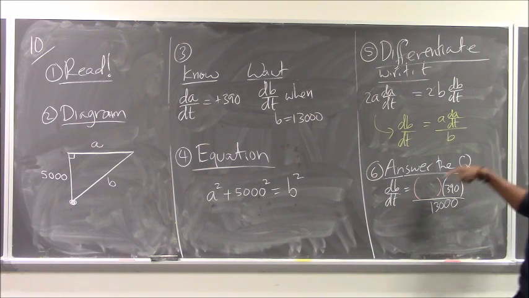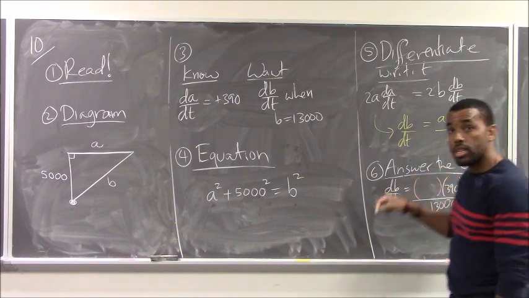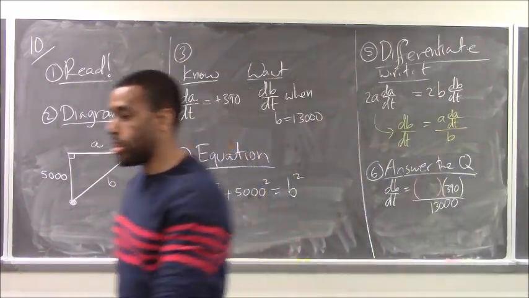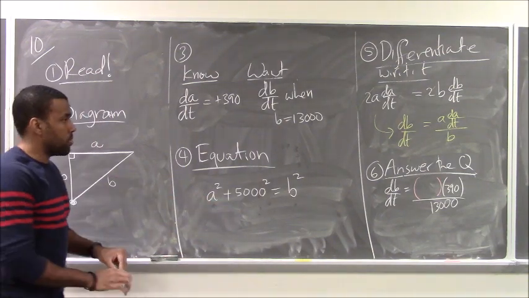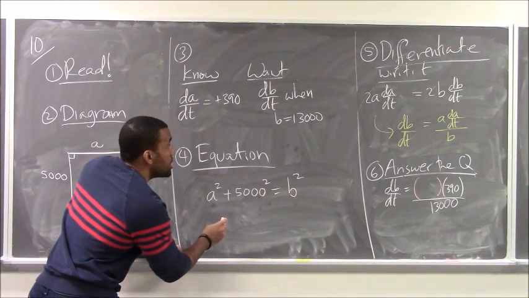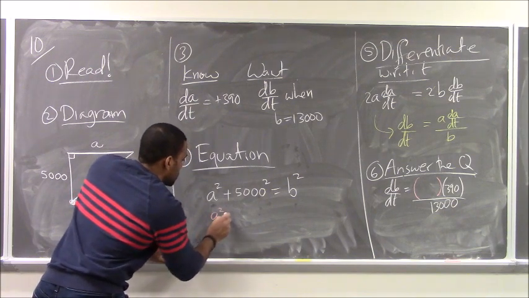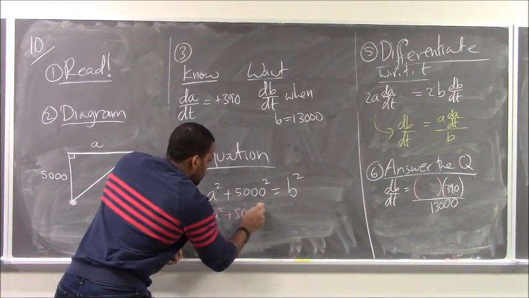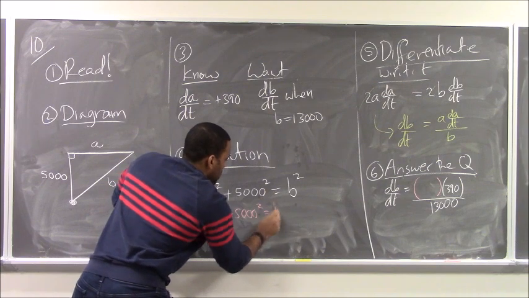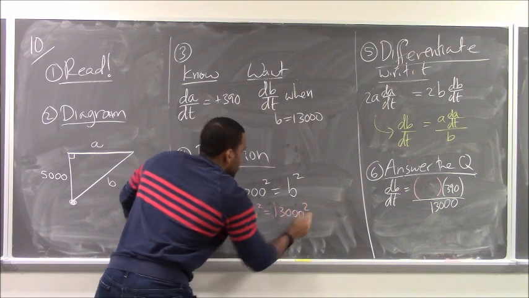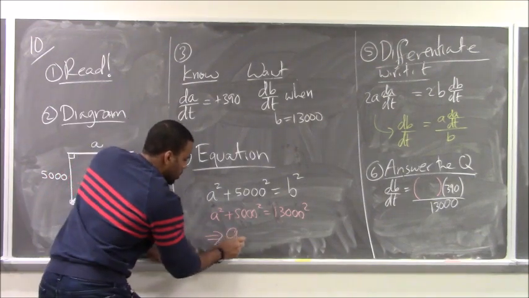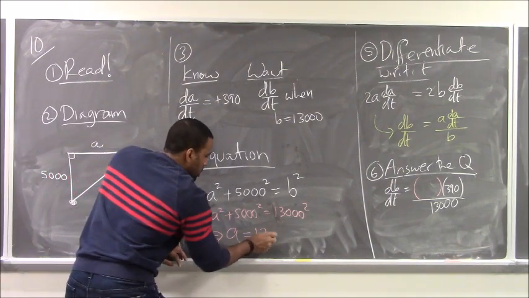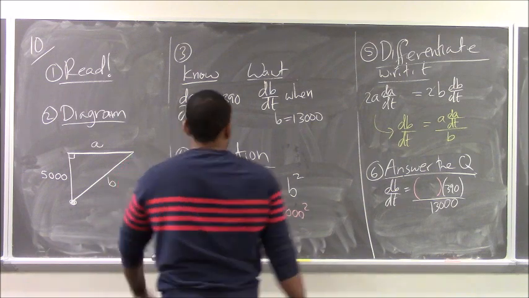Now remember, whenever there's information, I want to plug in a constant in this step, but I don't know what the value is. I always go back to step 4. Now in step 4, we know that if B is 13,000, that's the equation. Now you wouldn't want to have to square 13,000, however, you should know that A is here actually 12,000.